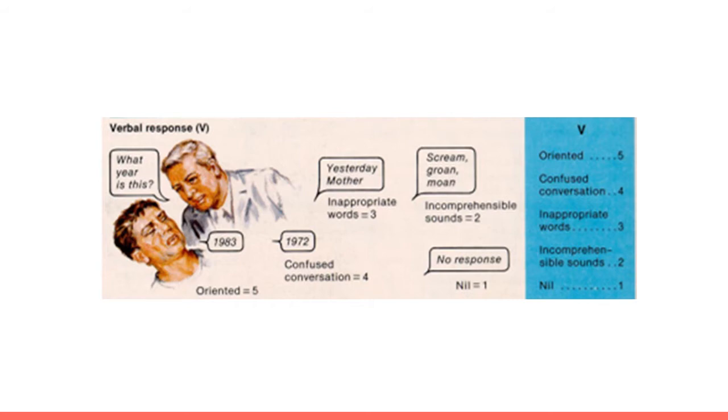If patient is confused and giving the wrong answer, then we can put it as 4. If patient doesn't answer and uses inappropriate words, we put it as 3. If patient just screams, groans, or moans without intelligible words, we can put it as 2. And if no response, we put it as 1.